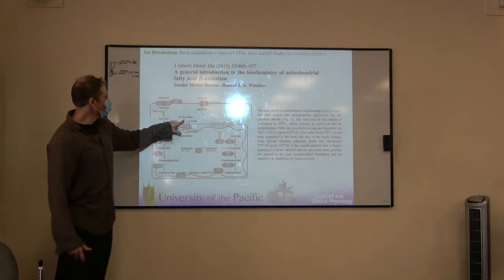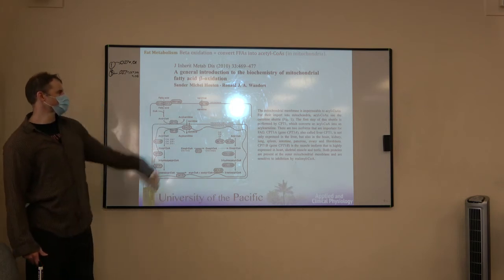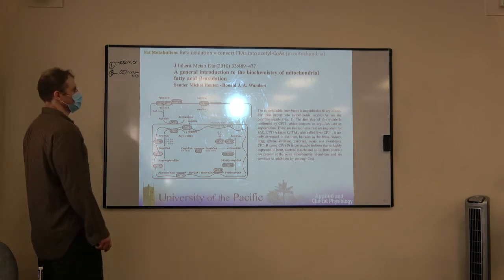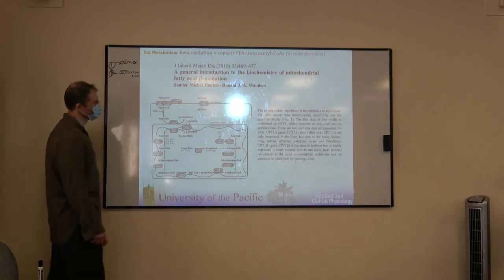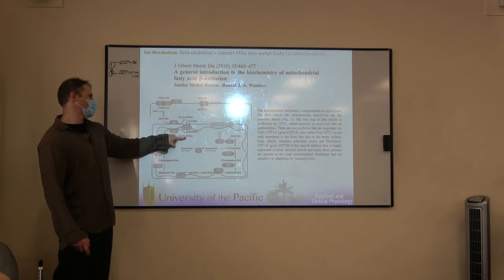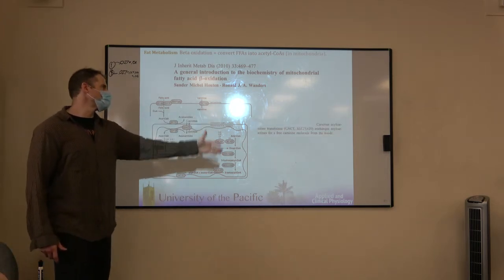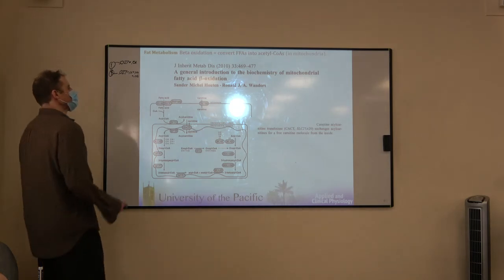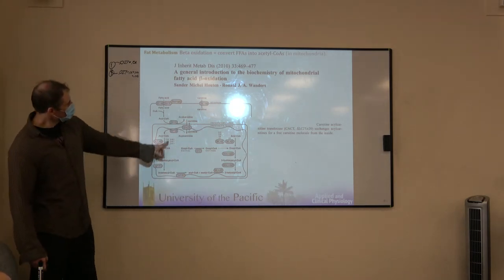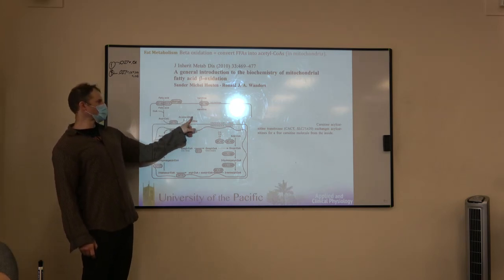The next step is to make acyl carnitine, so the CPT1 makes your acyl carnitine. Once you have that, you're able to get it in, but CACT, carnitine acyl carnitine translocase, does the exchange. The acyl carnitine comes in, and the free carnitine comes back out.